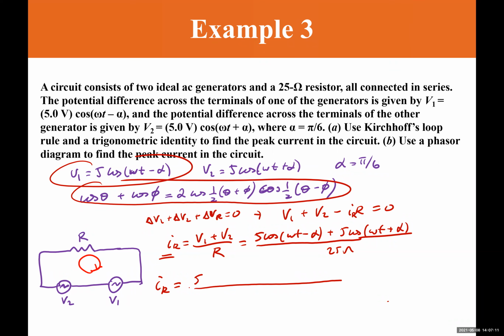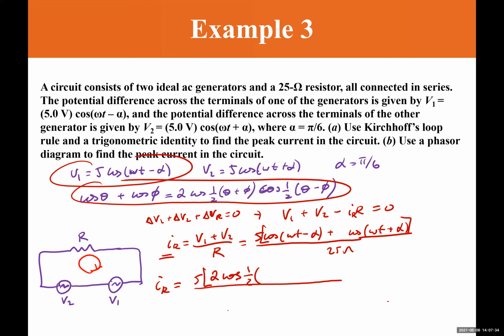So if I combine, I have 5. Both of them have 5, so I can factor out 5 and then apply the identity. The identity will be 2 cosine of 1/2 theta plus phi.